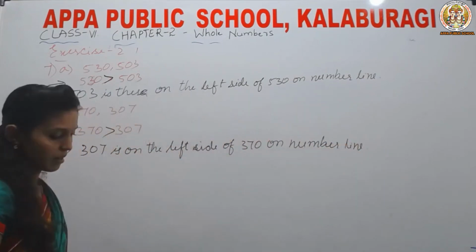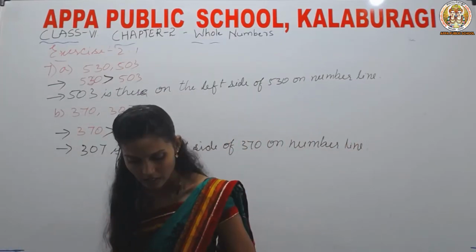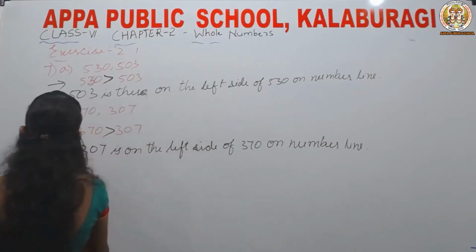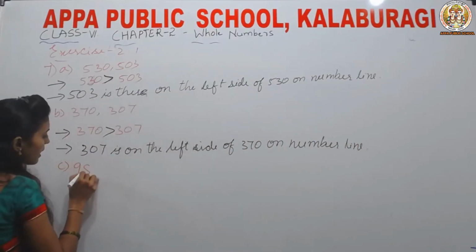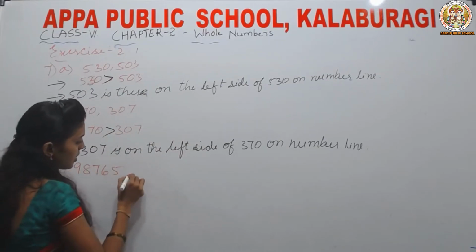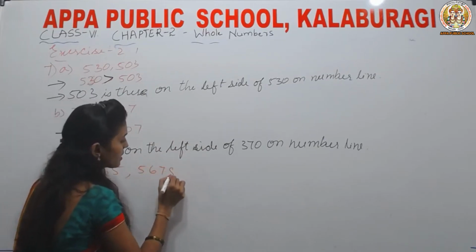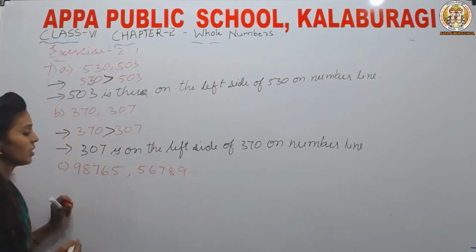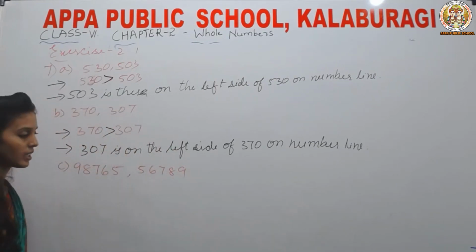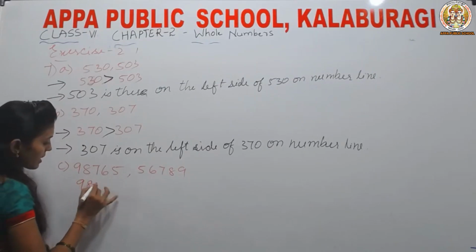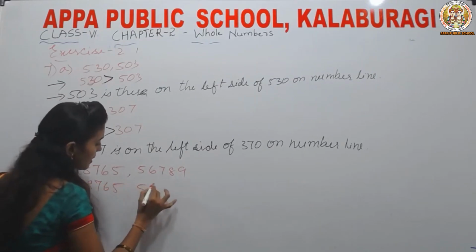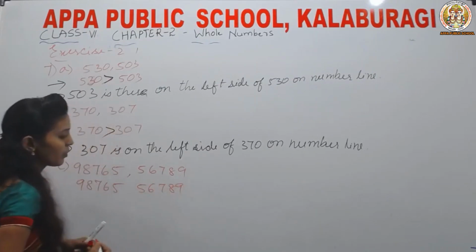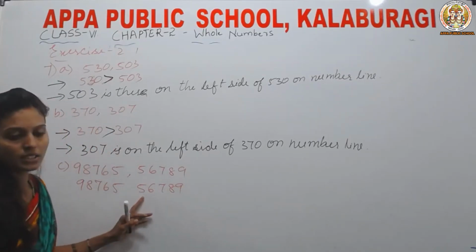Okay. Next number is 98765 and 56789. This is the given number. Which is greater here? 98765 or 56789? This is 9 and this is 5.